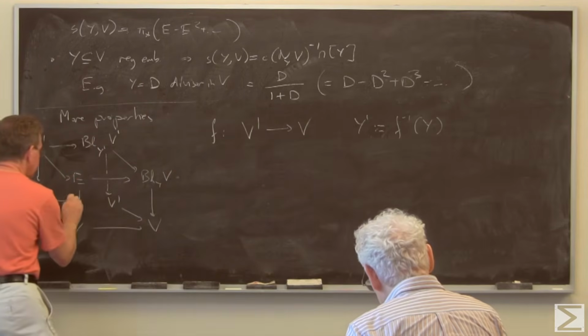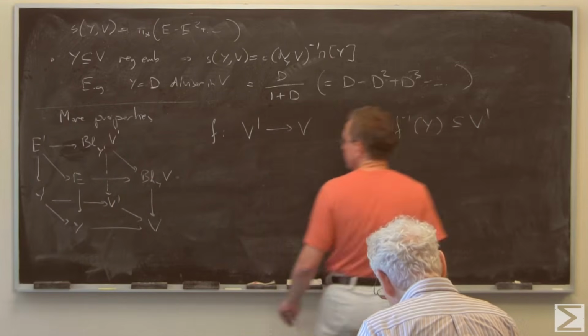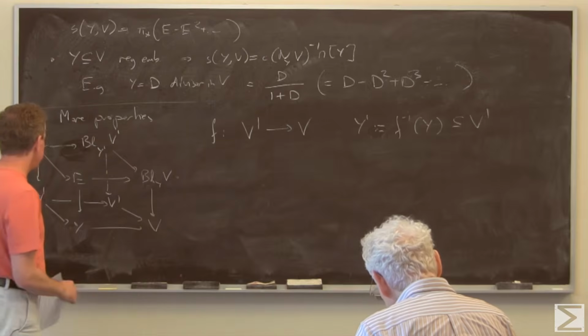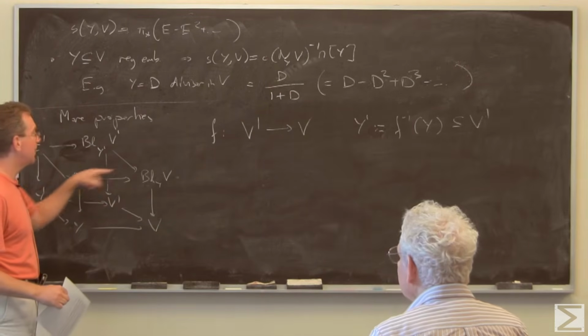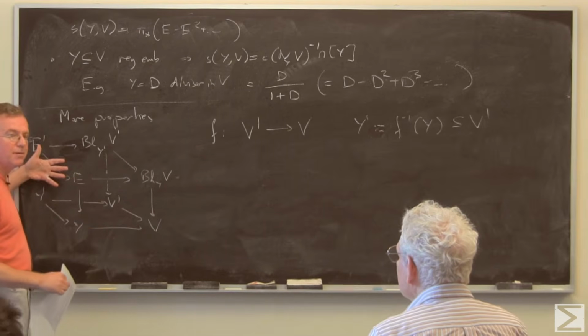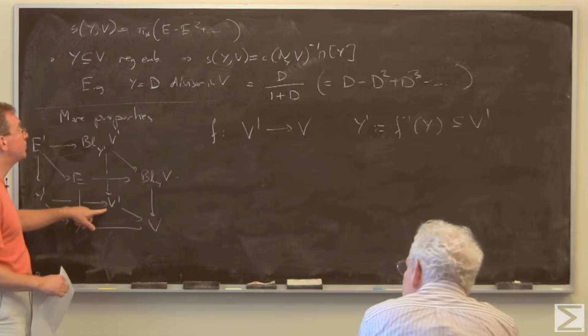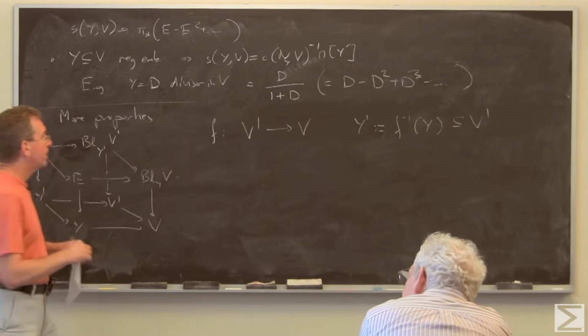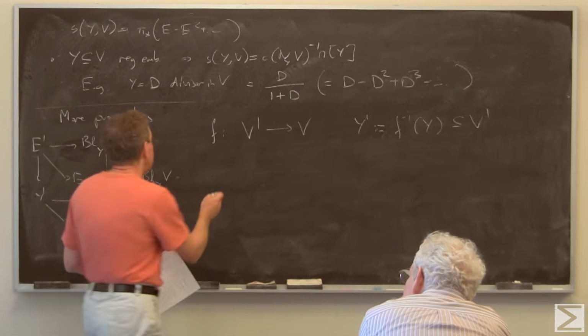One arrow is missing, and you're not telling me. And then the front face is what you would use to compute the Segre class of Y in V. The back face is what you would use to compute the Segre class of Y prime in V prime.